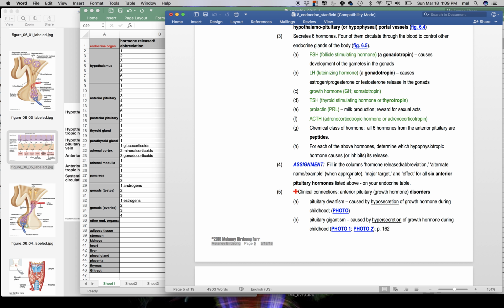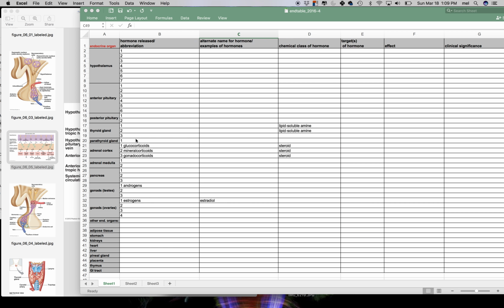Each time it's got this assignment here, it's something that you're going to do over spring break. Now, as far as the effect column, you may or may not want to wait until you get to class to do that one. If you can figure it out, that's fine, but it's just a blurb, not a paragraph.